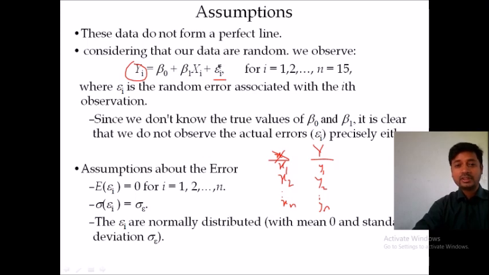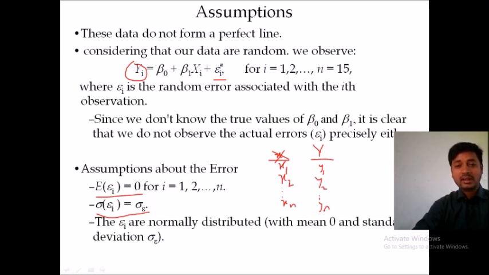This associated error is assumed to be random and normally distributed, having mean, the expected value, 0, and a standard deviation sigma epsilon.